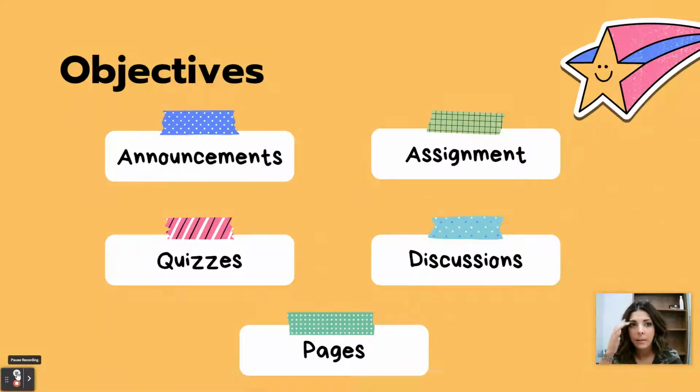So these are the topics that we are going to be talking about today: announcements, assignments, quizzes, discussions, and pages. We're also going to be taking a look at how all of those things fit together in modules. We talked about modules in the last video, so if you don't really understand what I'm talking about with modules, I would suggest going back to the first video.